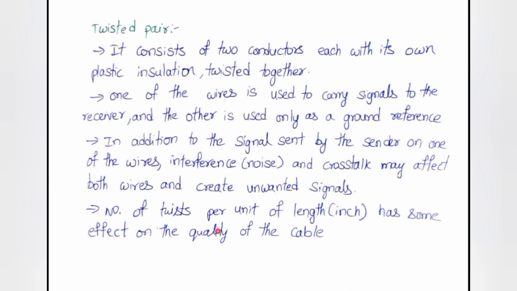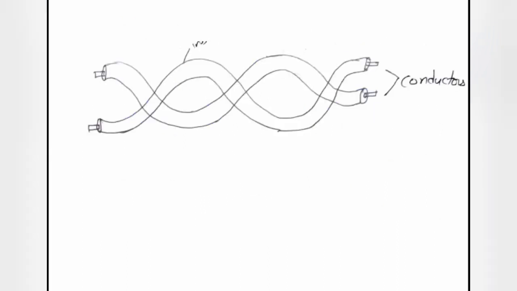The number of twists per unit of length has some effect on the quality of the cable. Based on the number of twists in the twisted pair cable, the quality may increase. So here the two conductors are twisted together such that they can transfer data from source to destination.